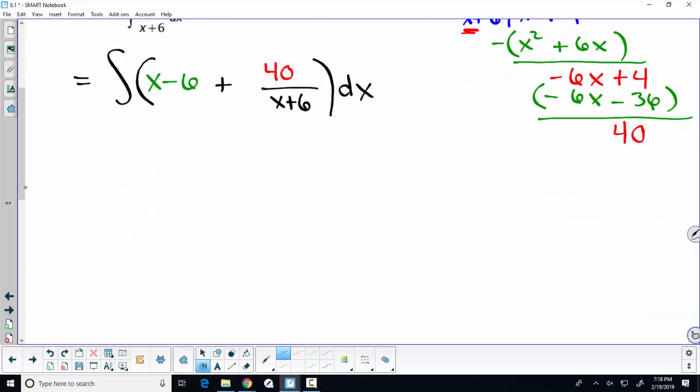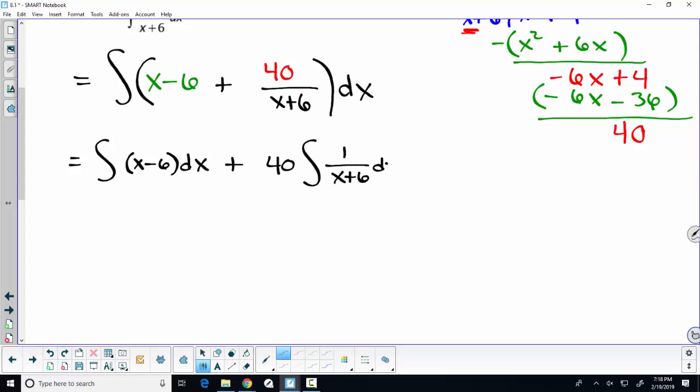Do we know the antiderivative of all three of these? Yeah, so let's write this. Antiderivative of x minus 6, for sure we know that. Plus 40 times the antiderivative of 1 over x plus 6 dx. We have x squared over 2 minus 6x plus 40.